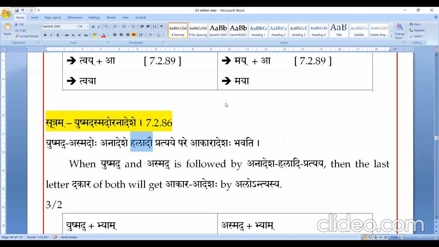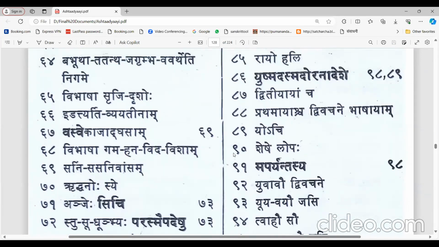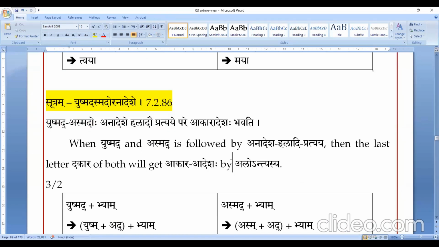Why do we say haladi? Because yochi is for ajadi. The sutra says that when a haladi vibhakti pratyaya follows, an akara adesha happens. Yushmad and Asmad followed by anadesha haladi pratyaya, then the last letter dakara of Yushmad and Asmad gets akara adesha by alontasya.